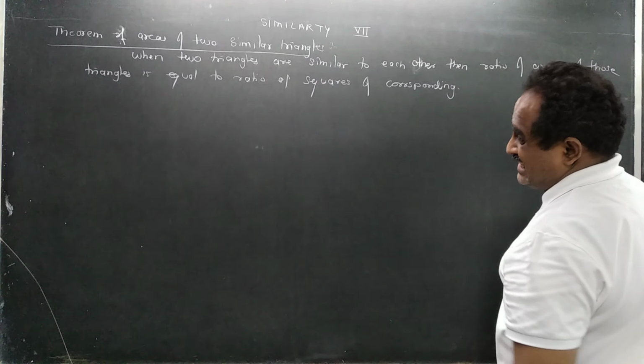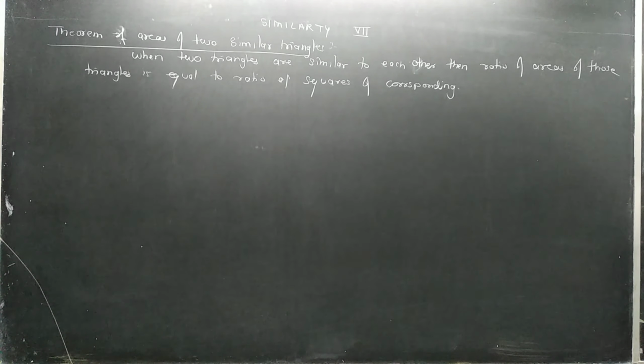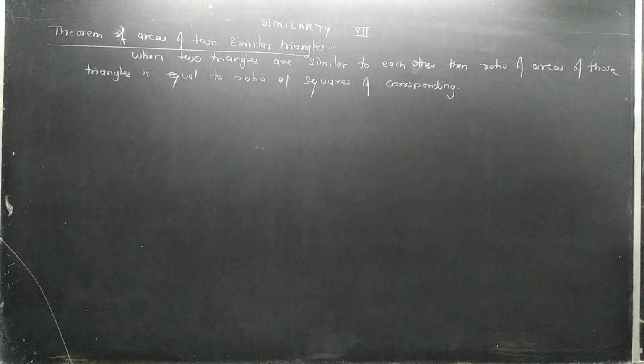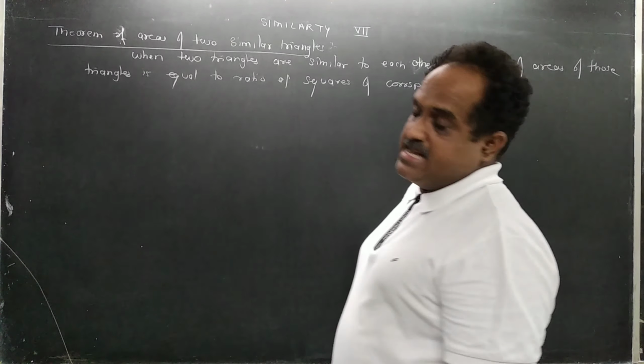So please take care of the statement. When two triangles are similar to each other, then the ratio of areas of those triangles is equal to the ratio of squares of their corresponding sides.